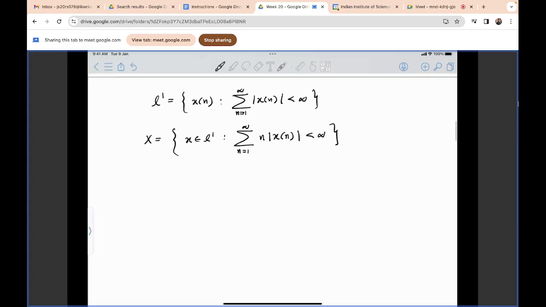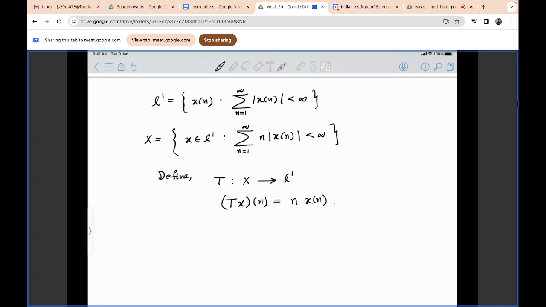Then we are defining a linear operator from X to L1, which is given by T of x at the point n is n times xn.